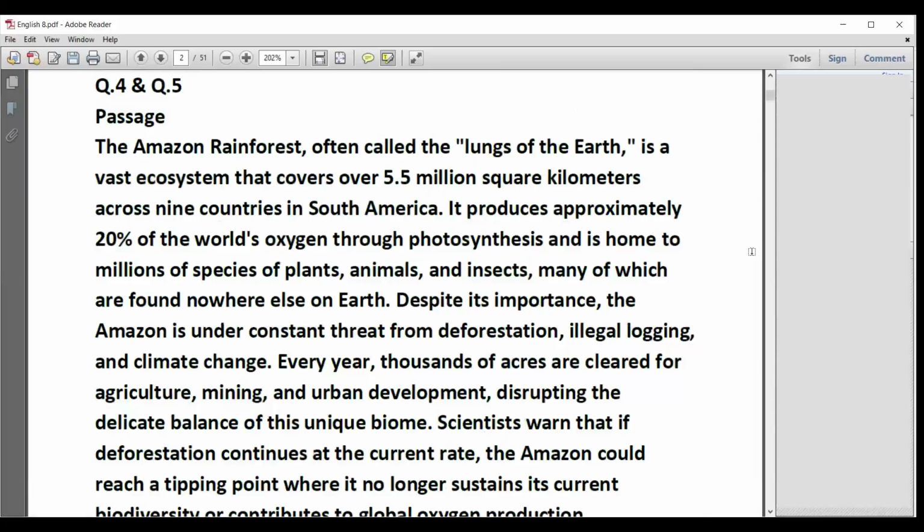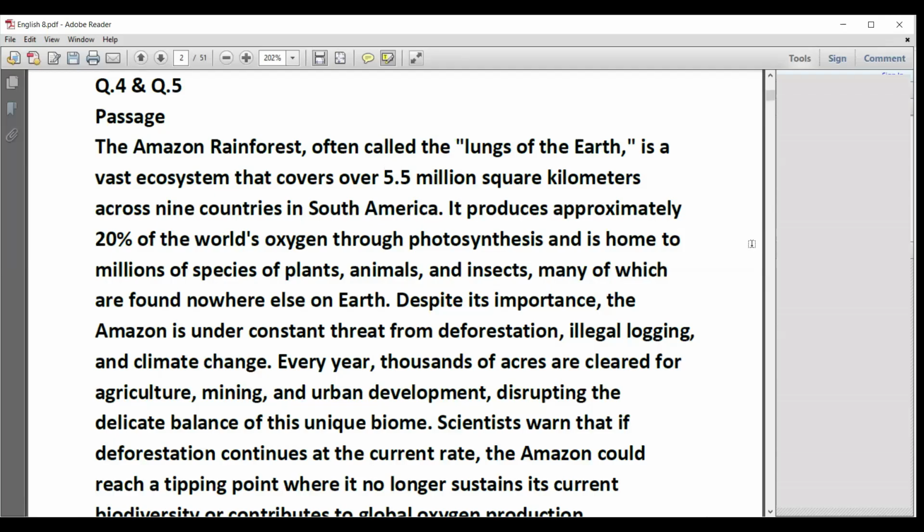Question 4 and 5 are based on the following passage. The Amazon rainforest, often called the lungs of the earth, is a vast ecosystem that covers over 5.5 million square kilometers across 9 countries in South America. It produces approximately 20% of the world's oxygen through photosynthesis and is home to millions of species of plants, animals, and insects, many of which are found nowhere else on Earth.